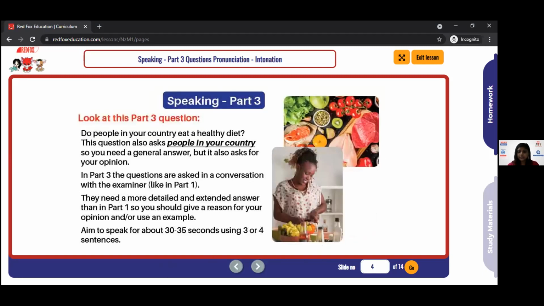Now a few things that I want you all to remember. We'll start with the don'ts. Many people try to impress the examiner with their thoughts and ideas. I would really suggest that you don't do that, because your thoughts and ideas don't have to match the views of your examiner. They don't really care about your ideas and your thoughts.